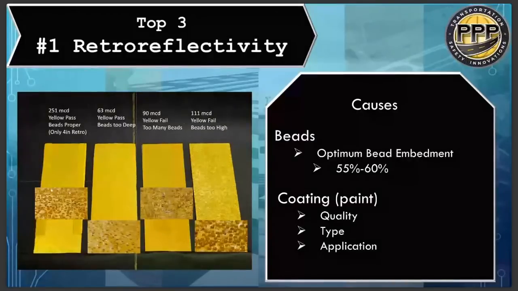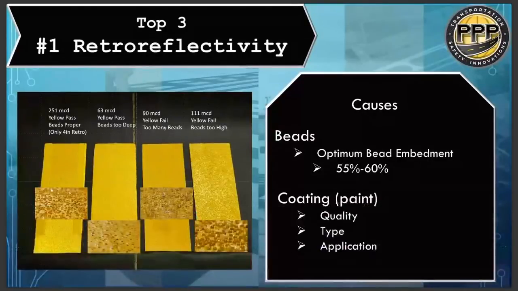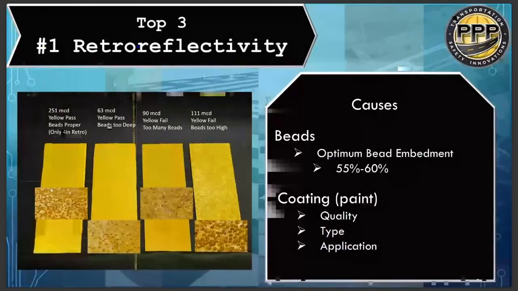We'll talk a little bit about application here, but again, paint and glass bead application could be an entire webinar by itself. As a matter of fact, we do an airfield marking symposium that does nothing but talk about the technical side of application. So I'm really just going to hit the high points here, and I think maybe that's in the next section when I'm discussing uniformity.